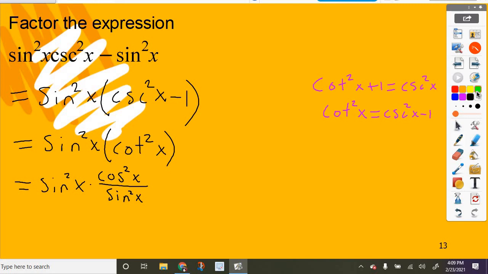Well, now notice that my sine squared is technically over 1 in the first part. I'm multiplying, so notice that we have a sine squared in the top and in the bottom of our two fractions. So those would reduce, and we will end up with just a cosine squared of x. And because that's as simple as it's going to get, that would be my final answer.